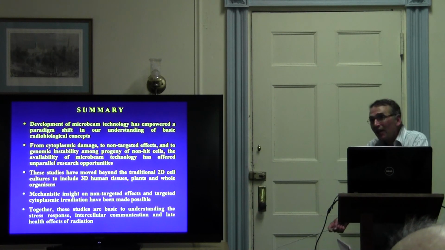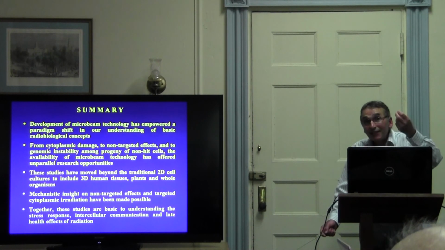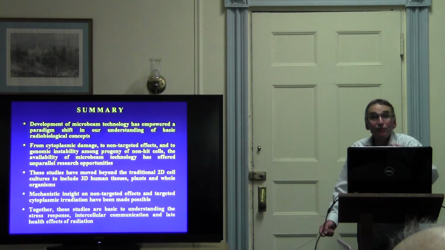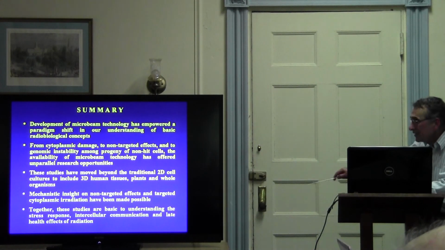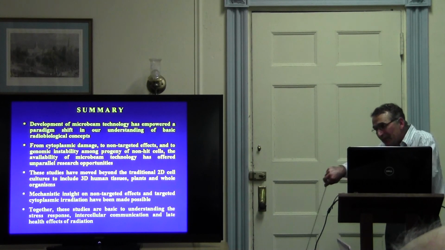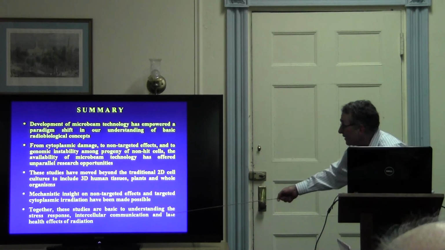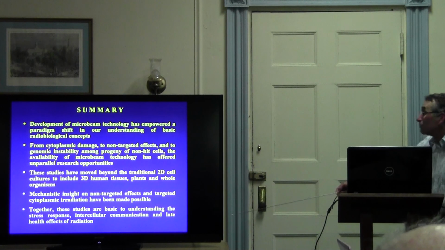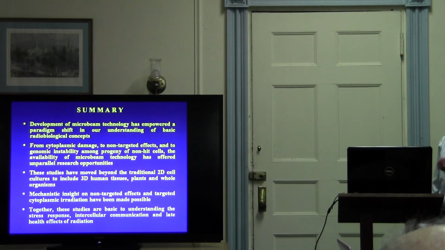As we diagnose cancer at an earlier age in children, we can gain an understanding of the emergence of second cancers that might be related, beyond the scattered radiation, to those non-targeted, bystander effects. But really the most important, away from everything, non-targeted effects are basic to understanding the stress response, intercellular communication, and of course the health effects of radiation.